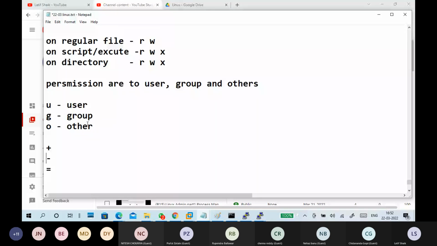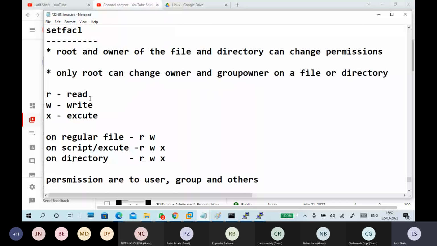You can add or remove a permission like this. Plus means set or add permission. Minus means remove. Equal means replace. A means all. These are the important terminologies you must remember.